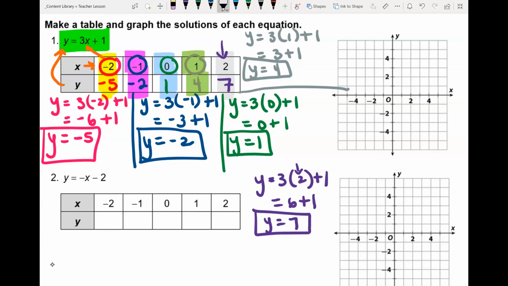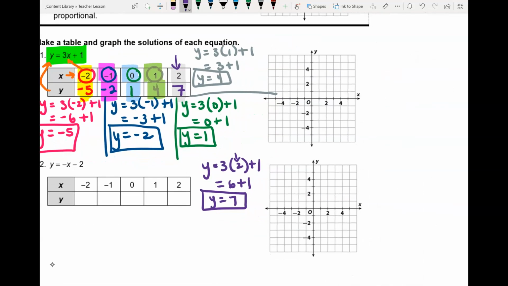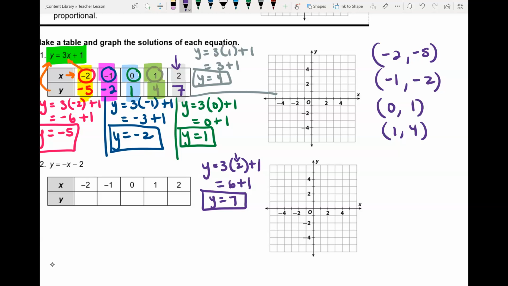If I wrote these values out, it would be -2 and -5, -1 and -2, 0 and 1, 1 and 4, 2 and 7.